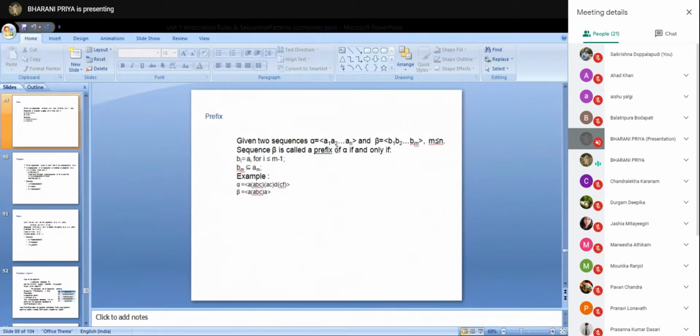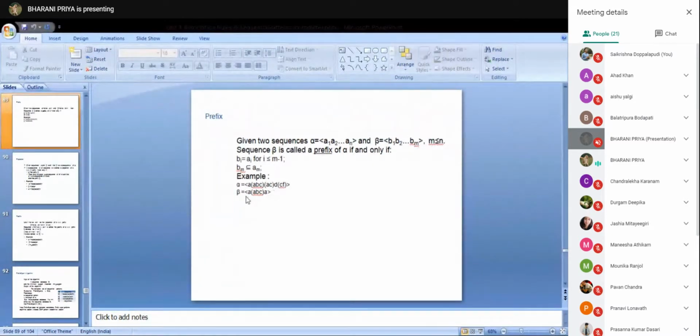So, given two sequences alpha and beta, sequence beta is called a prefix of alpha if and only if bi is equal to ai for all i less than or equal to m, and bm should be a subset of or equal to am. So simple thing. See, there is a sequence alpha.